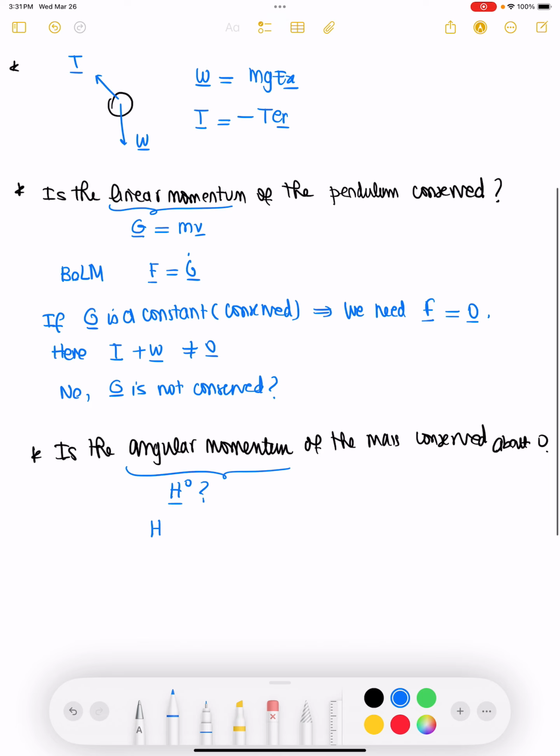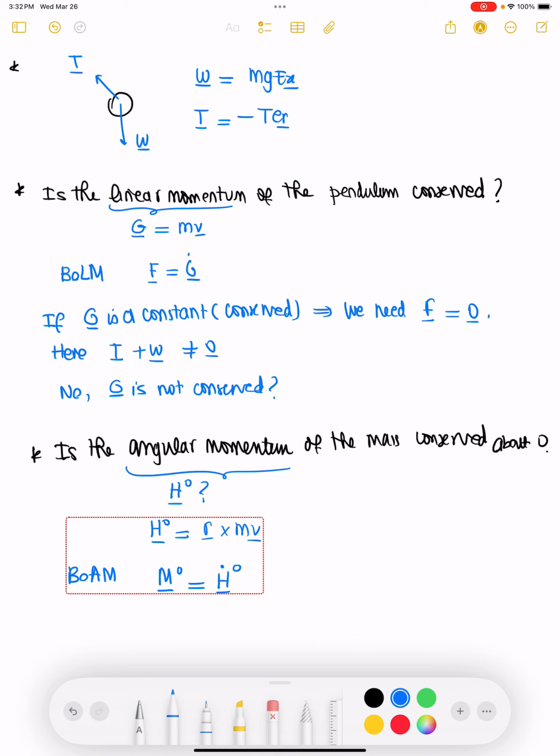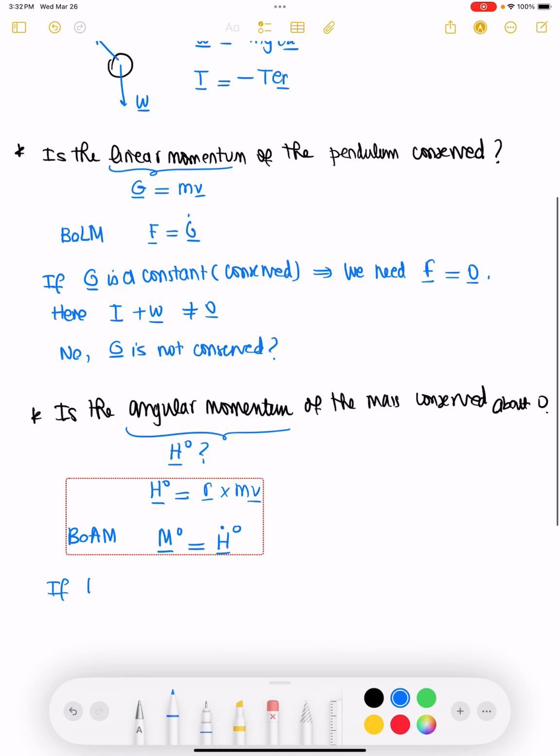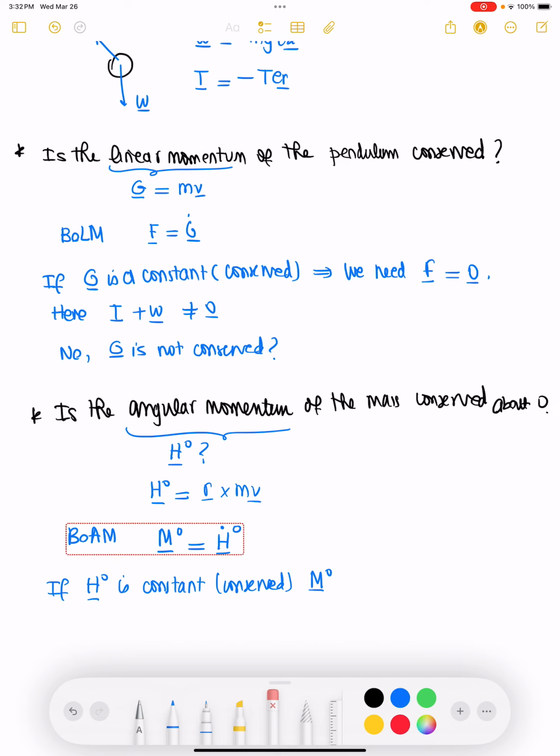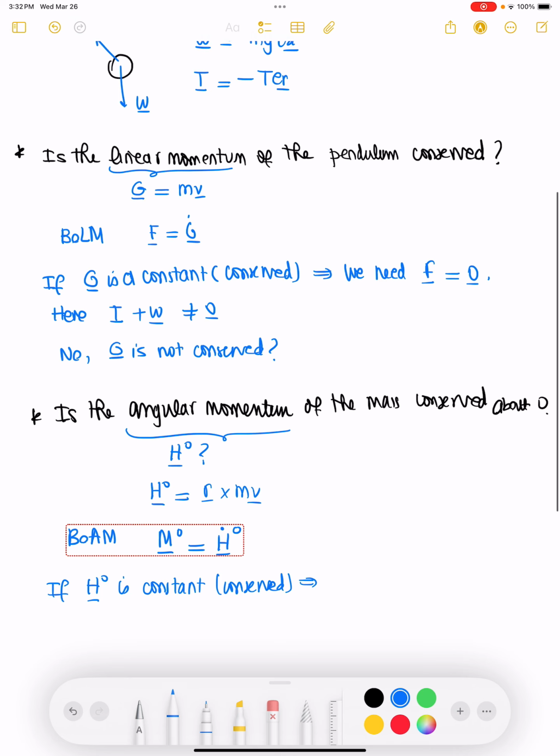H_O, remember, the angular momentum is equal to r cross mv. And remember the balance of angular momentum equation, the sum of moments about a fixed point O is the rate of change of the angular momentum about O. So for H_O to be constant, or conserved, we need the sum of moments about O to be equal to 0.